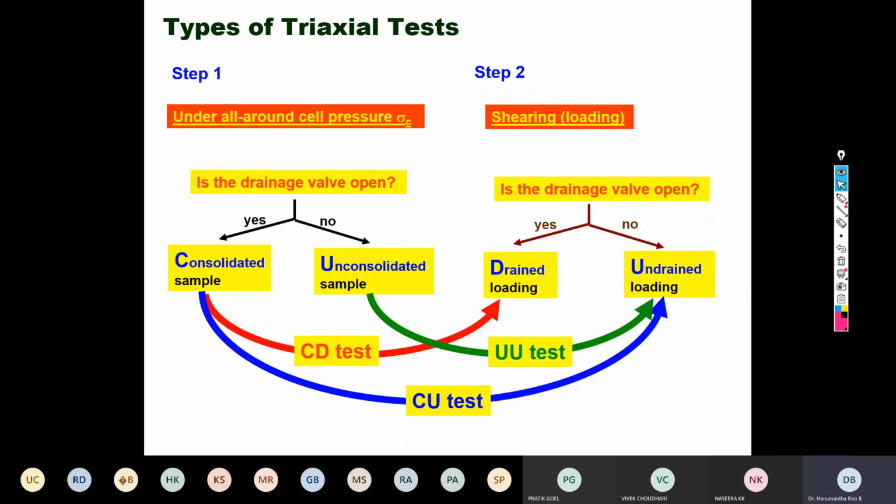That's why there is a possibility of the development of pore water pressure. In the consolidation phase, whatever load was initially borne by the water gets shifted from water to the soil particles, because the water will not take any load when the valve is opened, as it always tries to go to the atmospheric condition, or if the valve is closed then it will try to take the load.